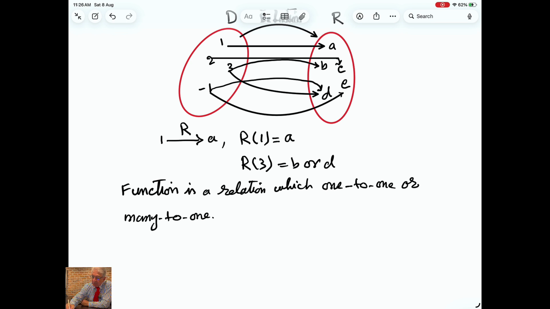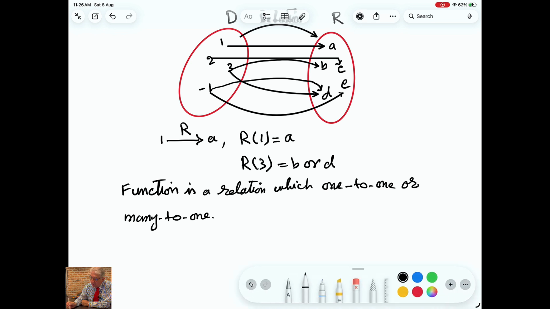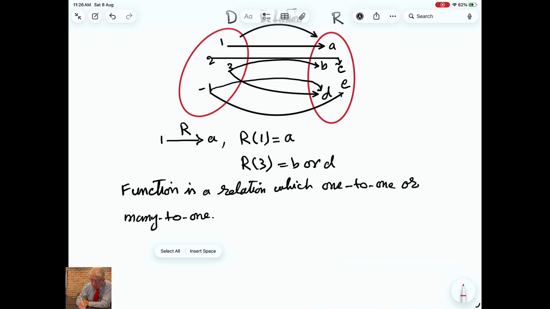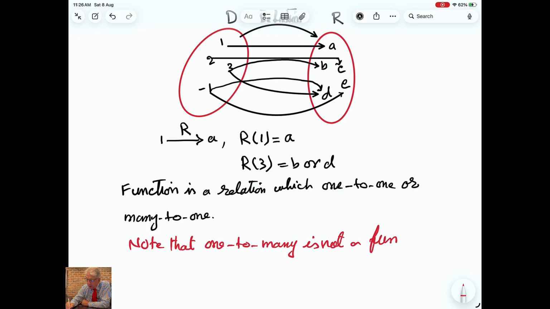Let me write this note. Note that one to many is not a function. It is a relation, but not a function.